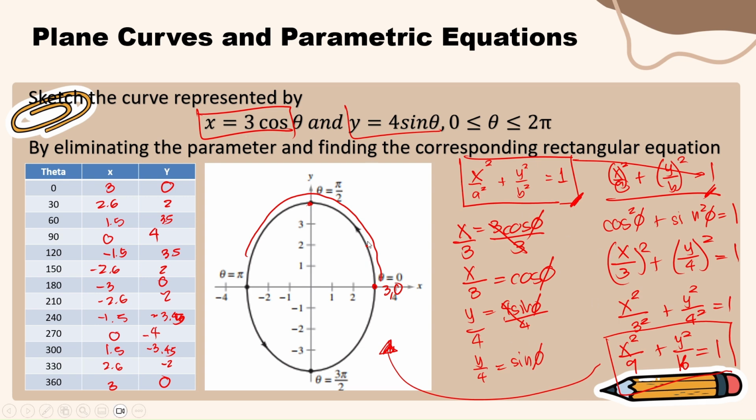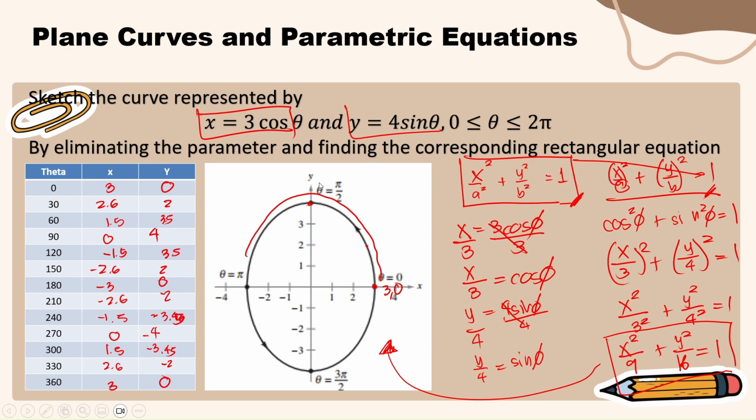Baka magtaka kayo somehow kung bakit natin naisip na dapat maging ganito yung equation niya at gumamit nitong Pythagorean identity na to. So, graphing our curve will give us an idea on what our rectangular equation would look like. Since meron tayo dito na form na ellipse, most likely, the equation that we are looking for is in the form of the equation of an ellipse.